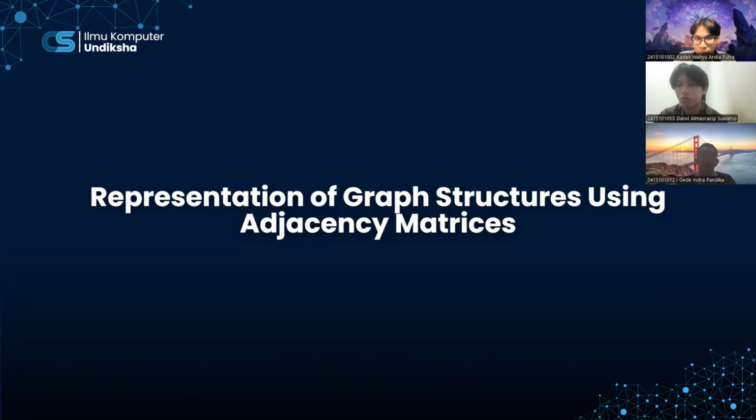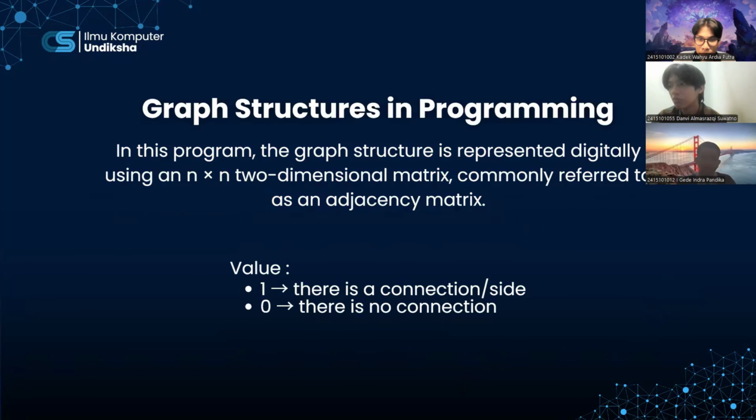So here I will explain the representation of graph structure using adjacency matrices, which are used in this Hamiltonian Circuit program. In this program, the graph structure is digitally represented using an n times n two-dimensional matrix data structure, commonly known as an adjacency matrix.